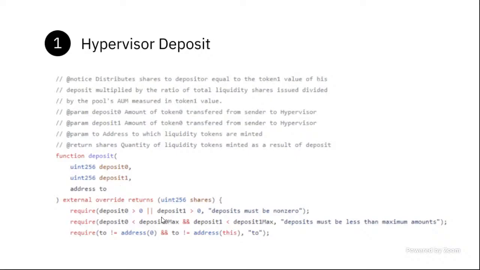For example, we require some deposit to actually occur. We have some maximum deposit thresholds in order to ensure safety in terms of economic arbitrage that could occur in case the hypervisors represent a very large share of the overall vault, and we don't allow for anything that gets deposited to be accidentally burned to the zero contract.